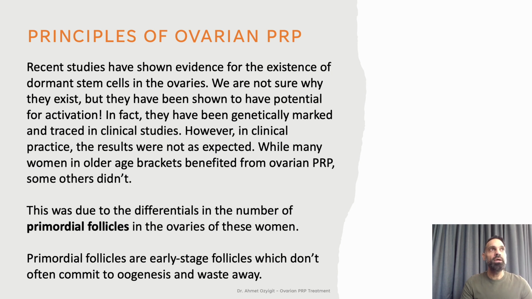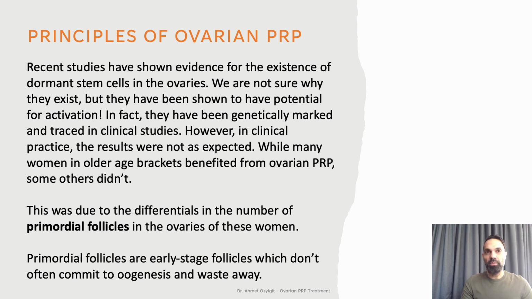So even though there may not be ovulation, even though there may not be a full cycle of oogenesis, a lot of women still have a decent size of primordial follicles in their ovaries. And these early stage follicles, they don't necessarily commit themselves into oogenesis, into ovulation.